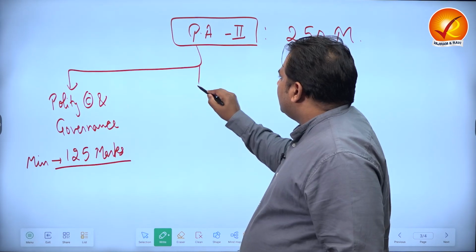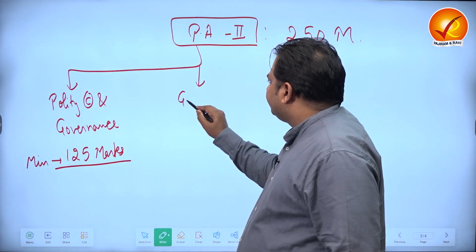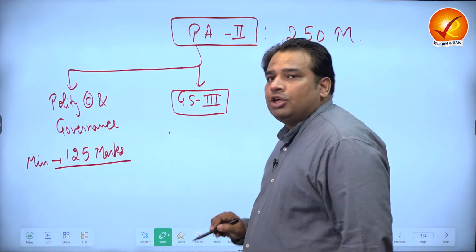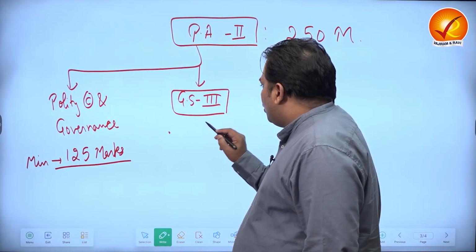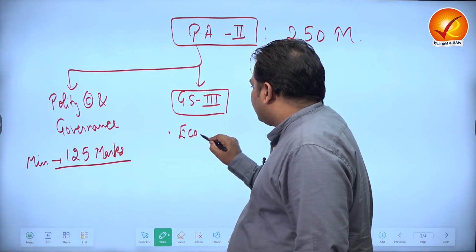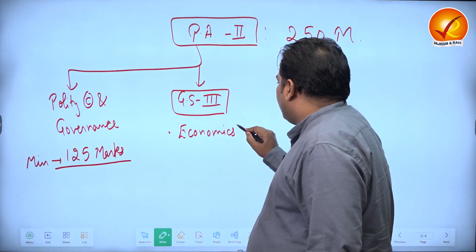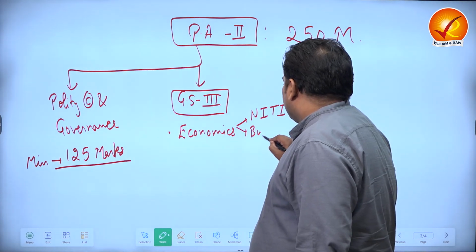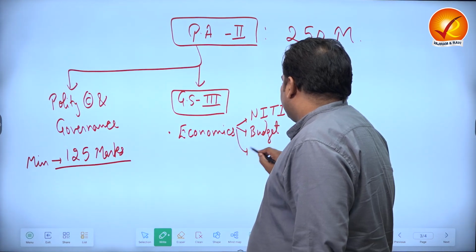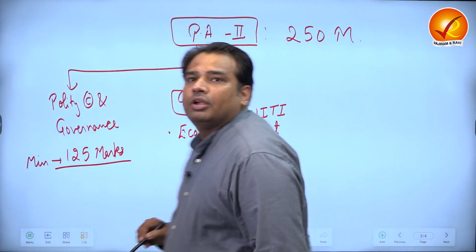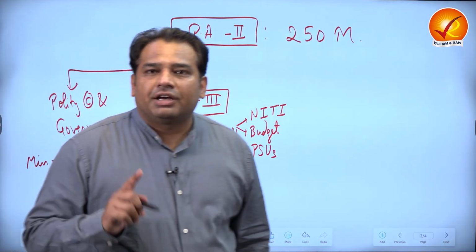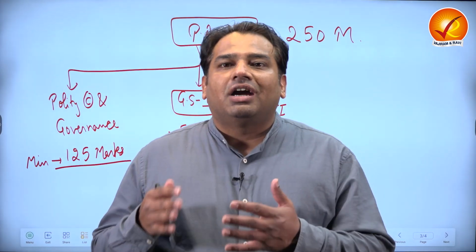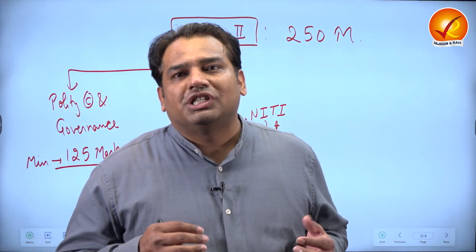Plus within the GS paper 3, you will get the overlapping with the economics portion, because Niti Aayog, budget, PSUs, public sector undertakings are also part of the PubEd syllabus, and they are directly applicable for the GS paper 3.